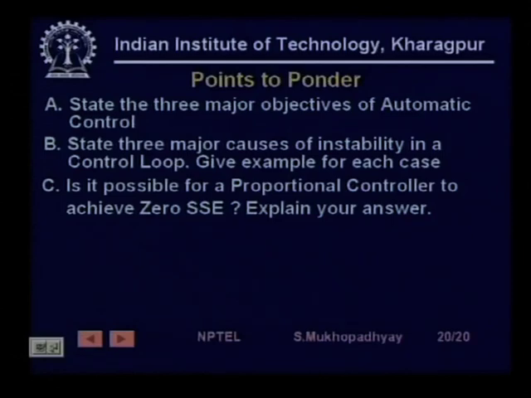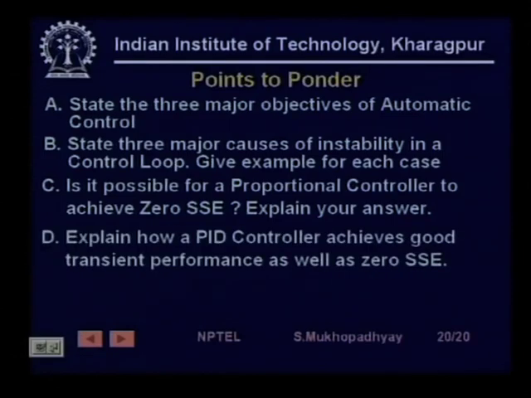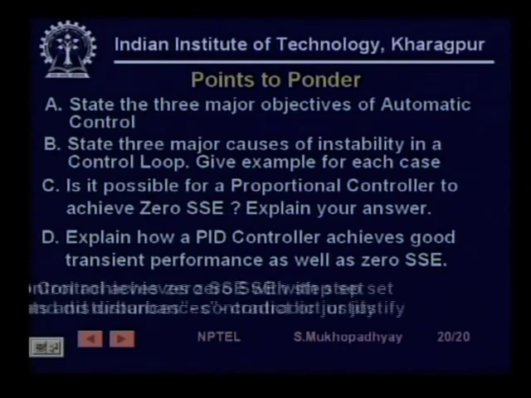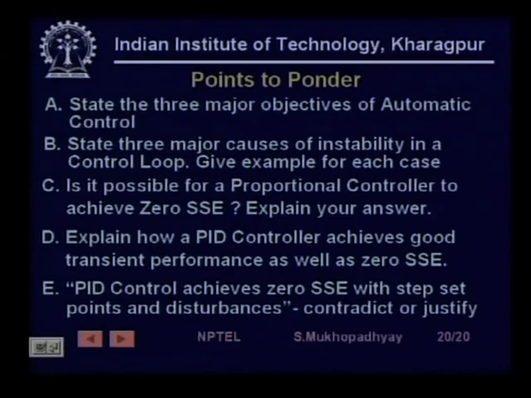I have already explained an example. You try to explain it in your own language, and explain how a PID controller can achieve good transient performance as well as 0 steady state error. And finally, justify or contradict the statement that PID control achieves 0 steady state error with step set points and disturbances.